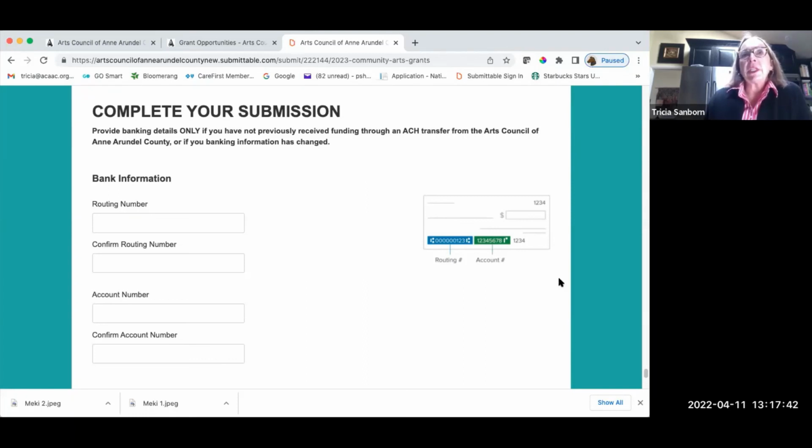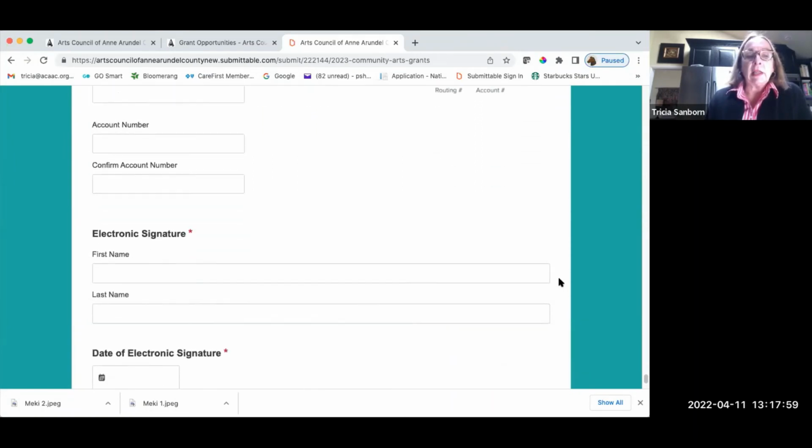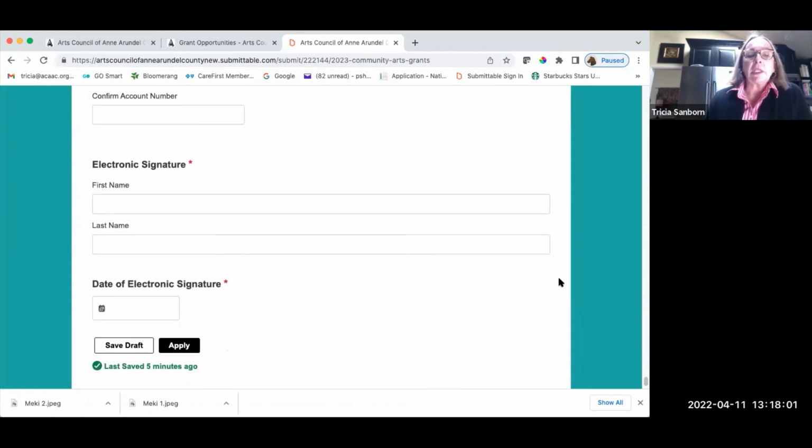Do not fill this in if you already have banking information on file with us and it is correct. If it's changed though, or if you're new to our grant processes, then you'll need to complete that section. And then the last thing is your electronic signature, and we're good to go.